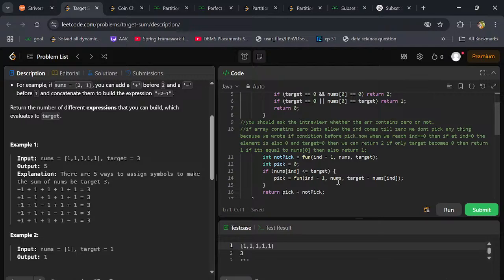We don't pick anything because we wrote the if condition before pick.